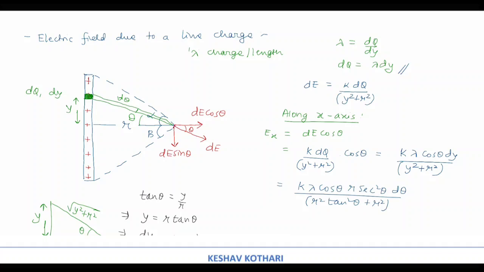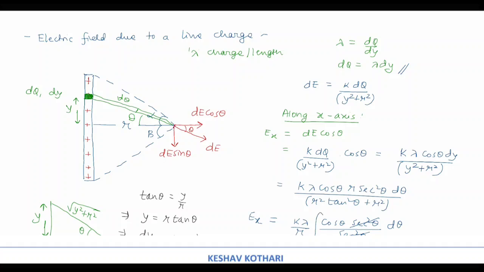So we can write it in this way, that k lambda upon r, we taken out r square common, and from the r in the numerator we have cancelled it out. So we are left with cos theta sec square theta upon 1 plus tan square theta, which can be written as sec square theta d theta. So we are left with an integral like this, where we can again chop out sec square theta, and we are left with this integral.